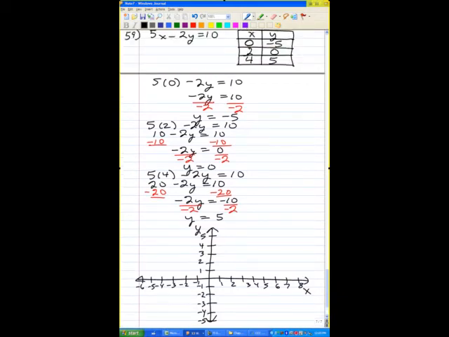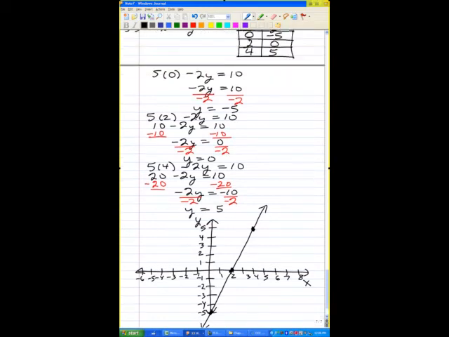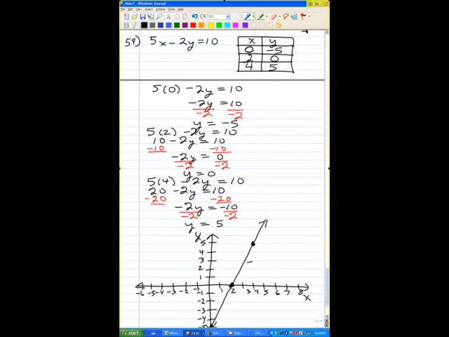Let's put the points (0, -5), (2, 0), (4, 5). Let's draw a line connecting these. And so this is the graph of 5x minus 2y equals 10.